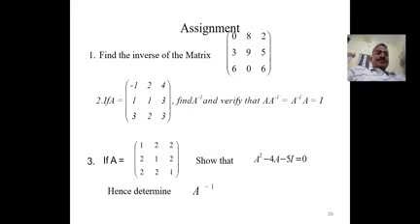Now from this result, you can get 5I equal to A square minus 4A. We already have A square, that is [9 8 8; 8 9 8; 8 8 9], minus 4A, which is 4 times this, [4 8 8; 8 4 8; 8 8 4].